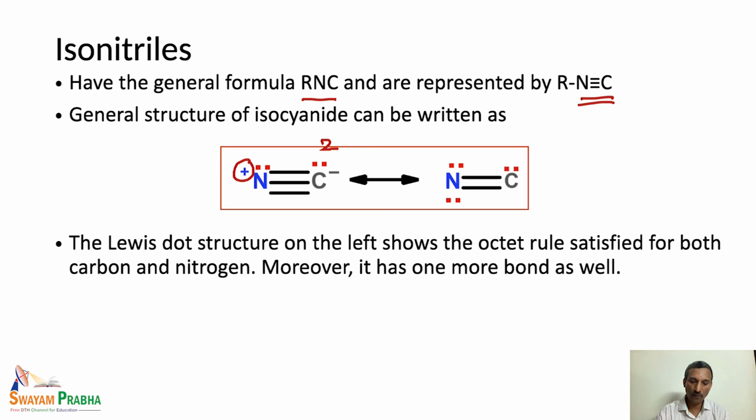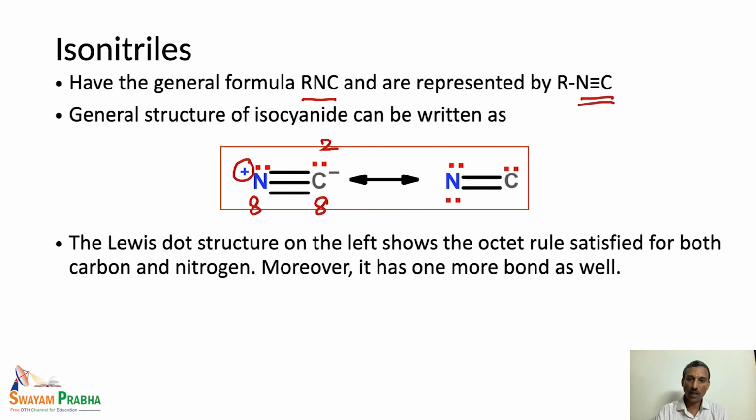Put together, we have 8 electrons for the carbon atom. If you look at the nitrogen, there are 3 bonds and there is also a lone pair on nitrogen. So, nitrogen also has 8 electrons, and this is a charged structure. Carbon has a negative charge and nitrogen has a positive charge.